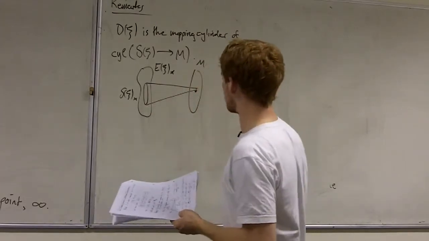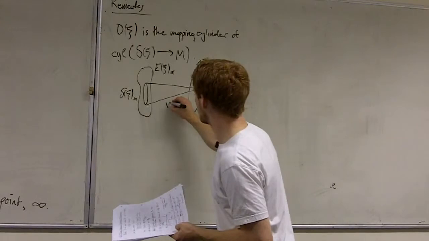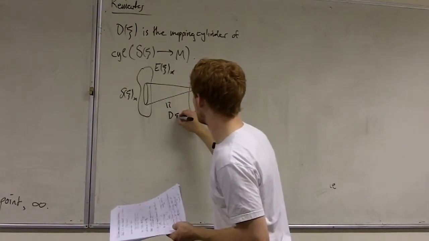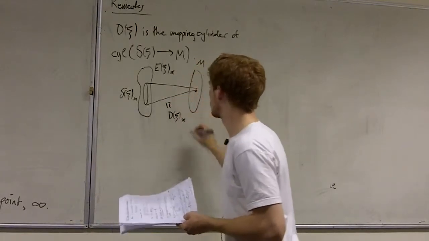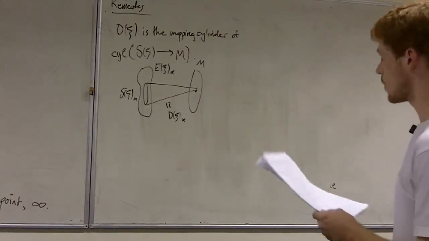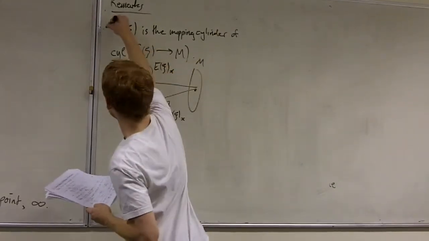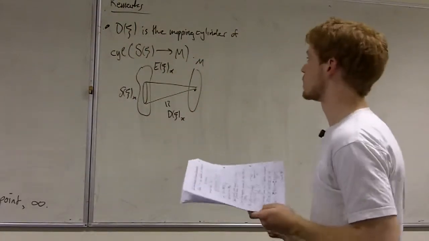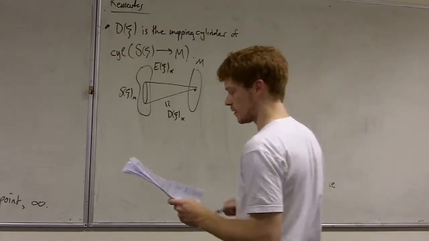So that's the mapping cylinder, and this is sort of a cone to a disk. So I think this is what's going on here. That's the first thing, and we're going to try and reconstruct mapping cylinders later.